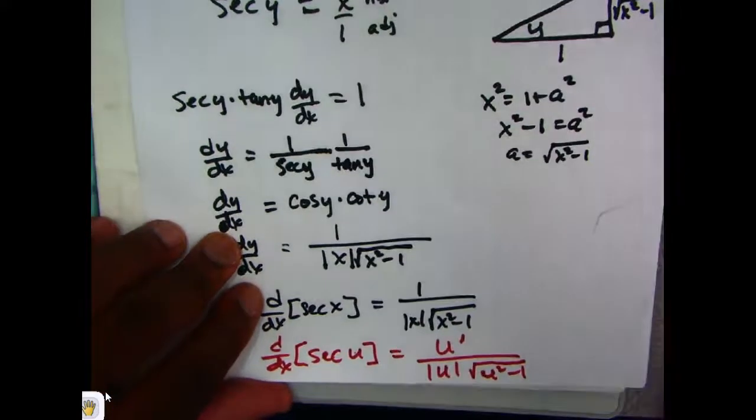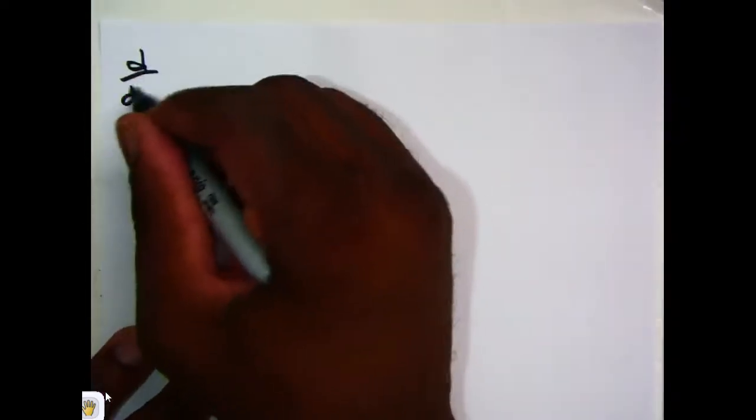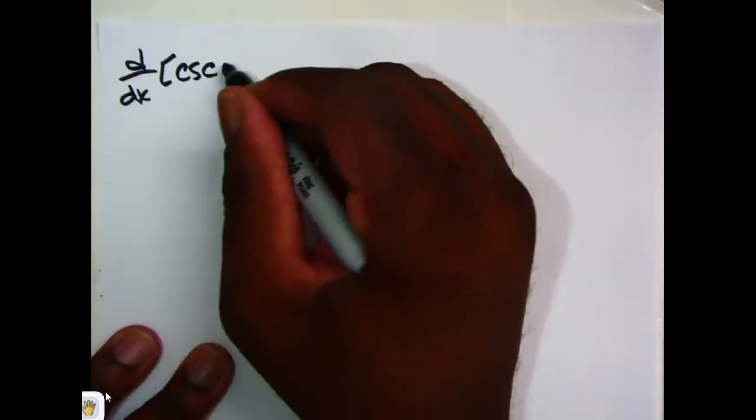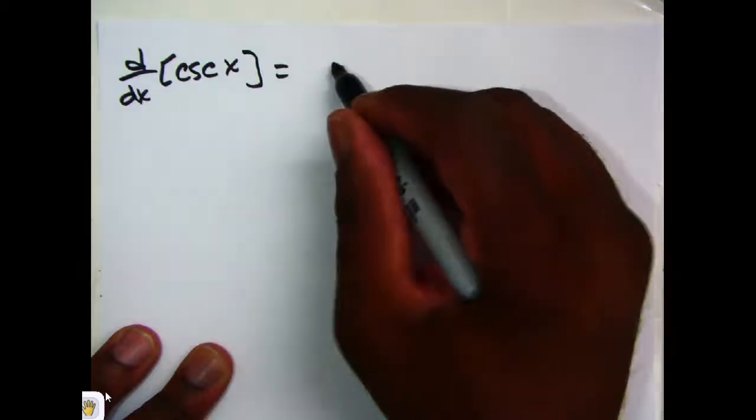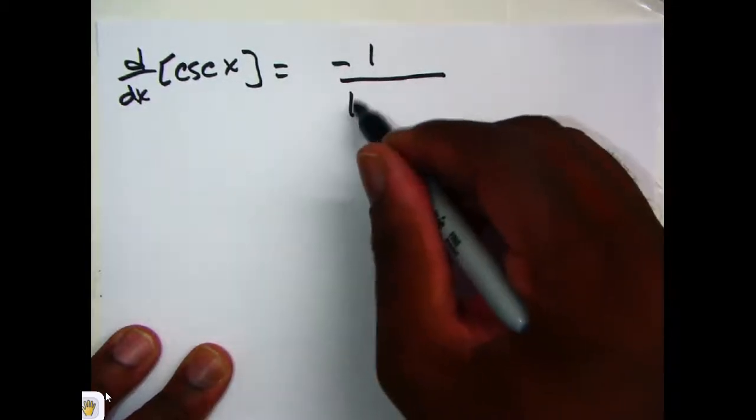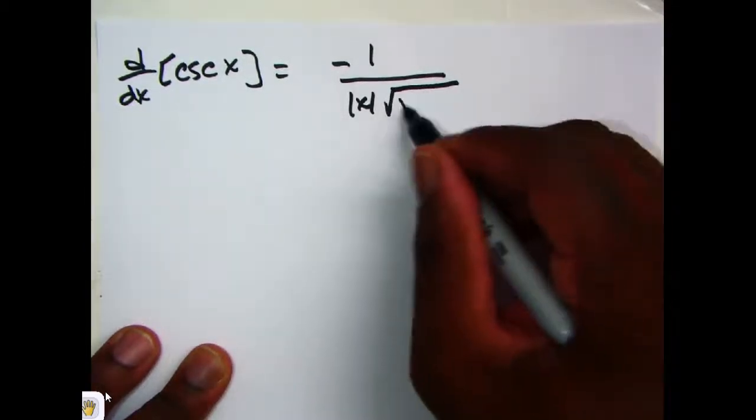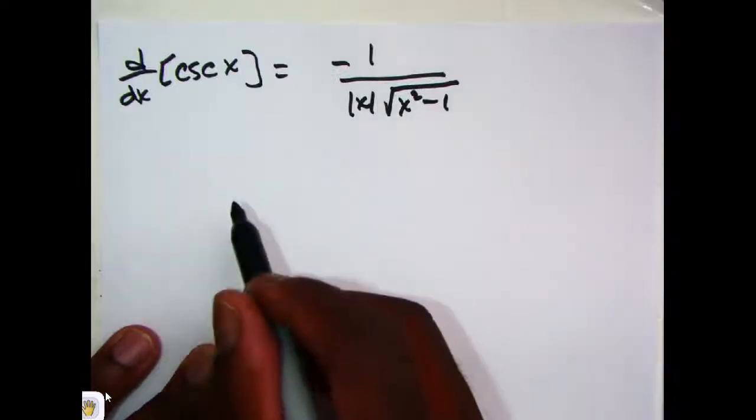The derivative of cosecant of x will be negative 1 over absolute value of x, square root of x squared minus 1.